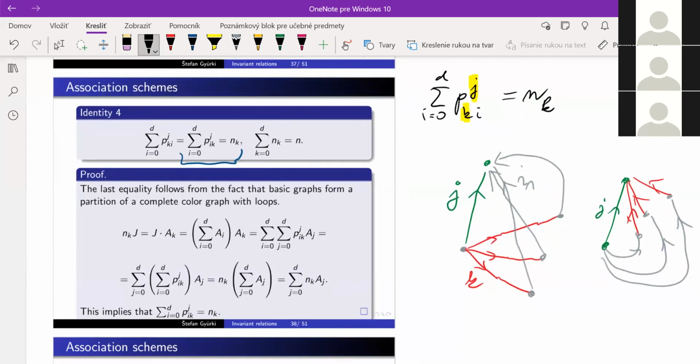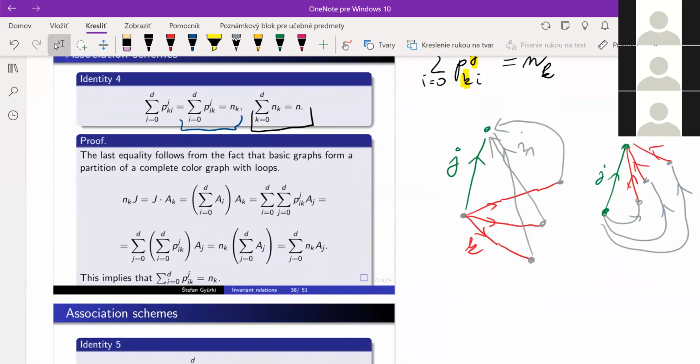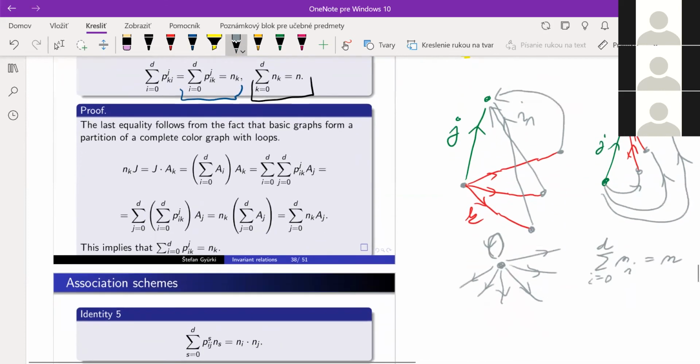And the second formula is easy to see, because if you count the number of darts outgoing from a chosen vertex, then of course each dart is counted somewhere, and since we have also a loop, then from each vertex there are n darts going out, and this means that if you sum the valencies of the basic graph, you obtain the number of vertices.